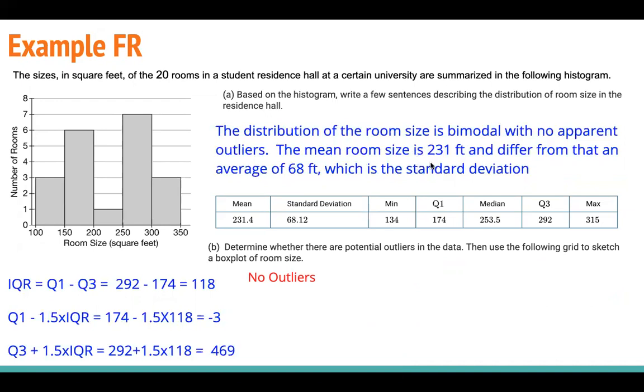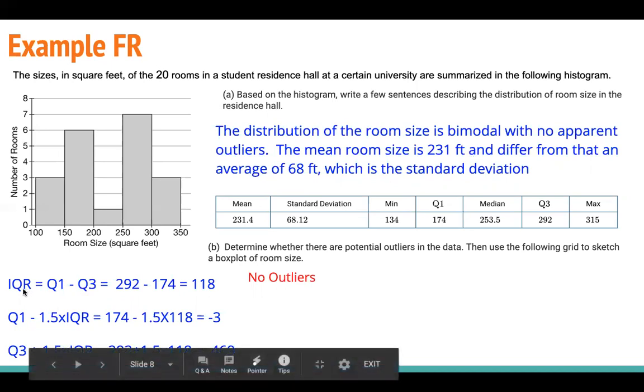So the mean room size is 231 feet, and rooms differ from that by an average of 68 feet, which is the standard deviation. Notice I interpreted the standard deviation, which isn't required, but it's just practice to solidify what standard deviation is.